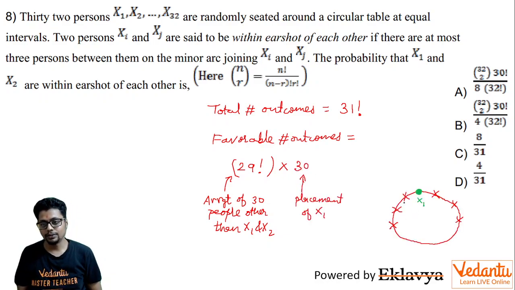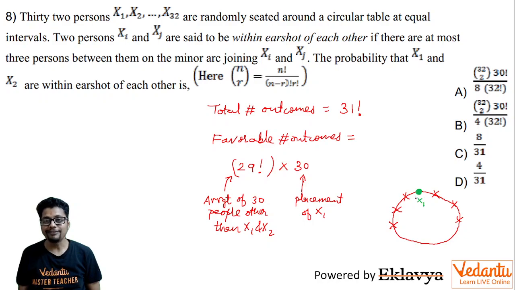Let's say these red crosses are the 30 people who have been arranged. You may say that only 6 crosses are appearing here. Yes, there will be 30 such crosses. I've just shown 6 crosses, and let's say x1 has been put here someplace among these 30 gaps.